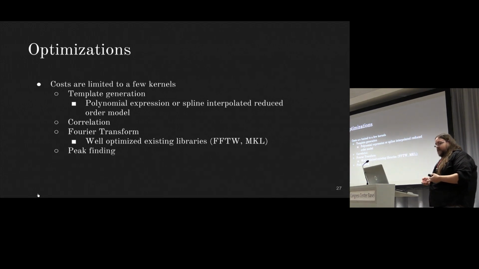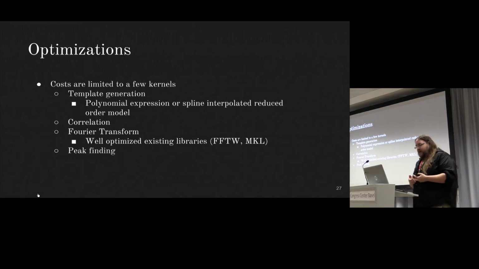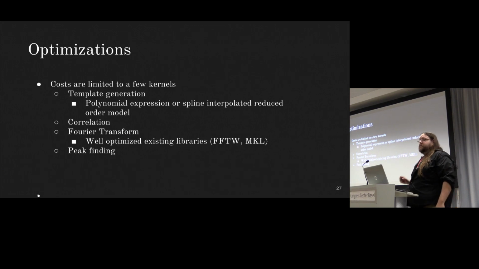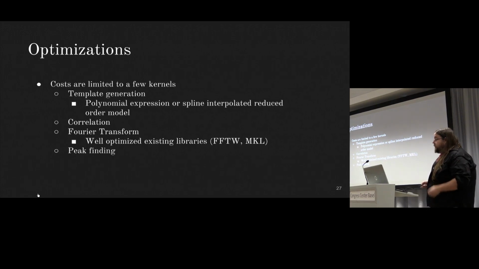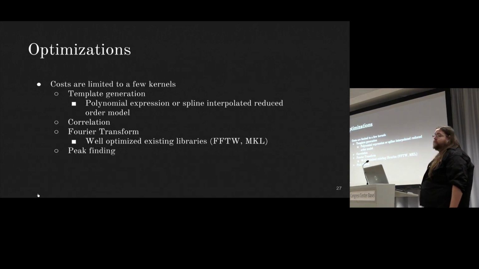We need to do a correlation, which in the frequency domain is just a complex multiplication. We need to do a fast Fourier transform, because if you know your convolution theorem, you can do convolution by a frequency multiplication and Fourier transform. This is a very efficient way to calculate matched filtering for many different time points. And this, in fact, ends up being the largest part of the computation: the fast Fourier transform.